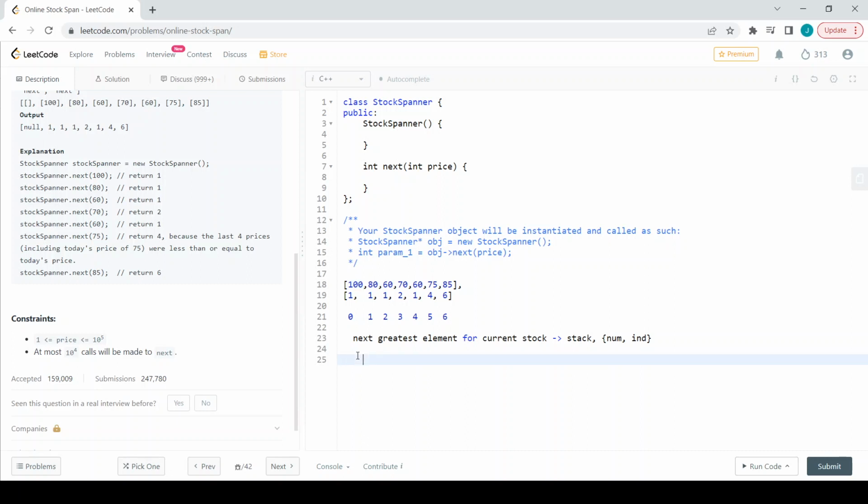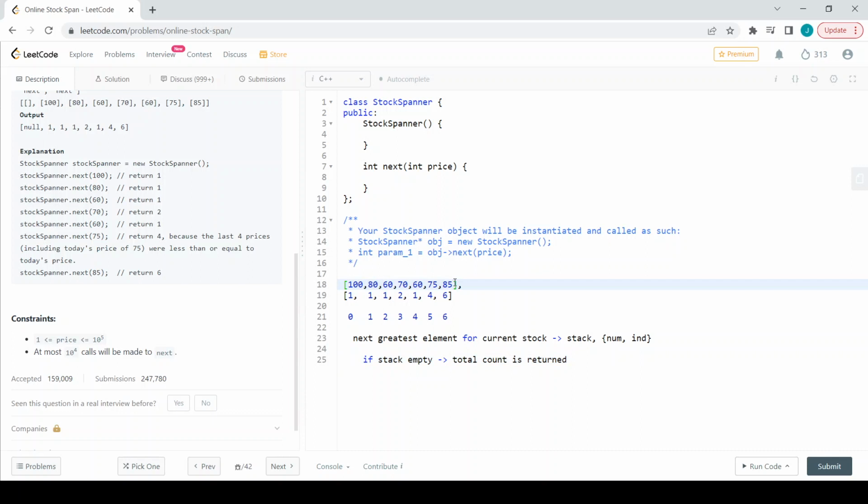Since the stack is empty, the current stock is the greatest stock, and everything is smaller than this current stock, so obviously the total count is returned.